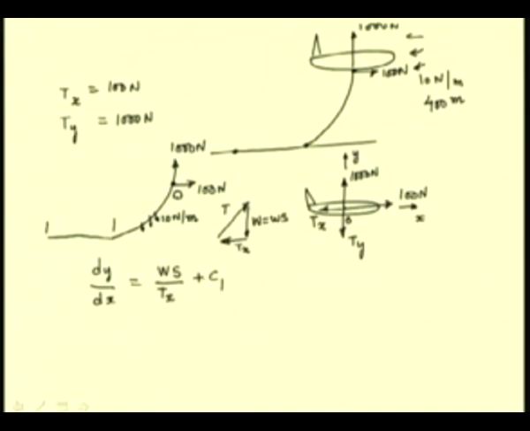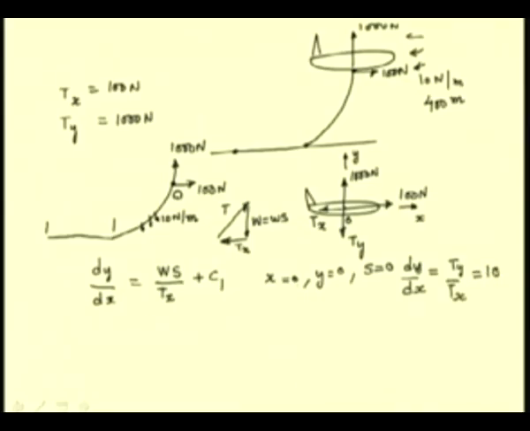So, we know that at the origin where x equal to 0 and y is equal to 0, we have the length of the cable to be 0 and dy by dx, which is the tangent, is equal to the ratio of Ty and Tx, which is 10.